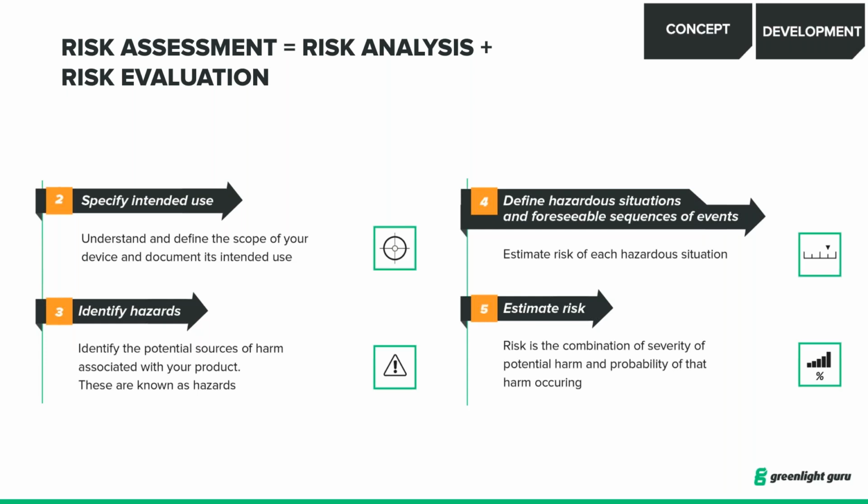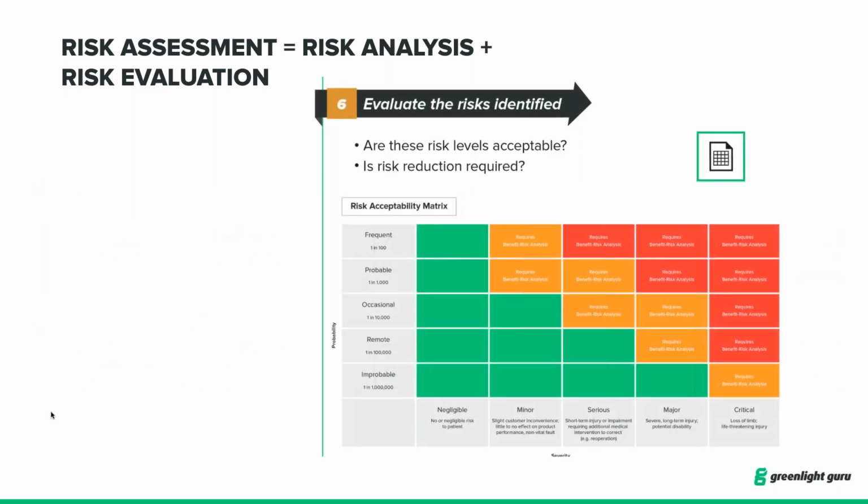That's probably the most misunderstood or misapplied area of confusion that people have, the inconsistent use, interpretation, or definition of risk. So definitely make sure that you're all speaking the same language. When you talk about risk, understand it is the combination of severity of harm and the probability that that harm actually occurs.